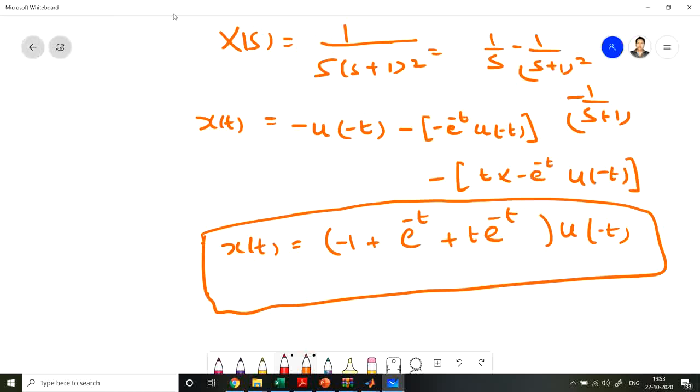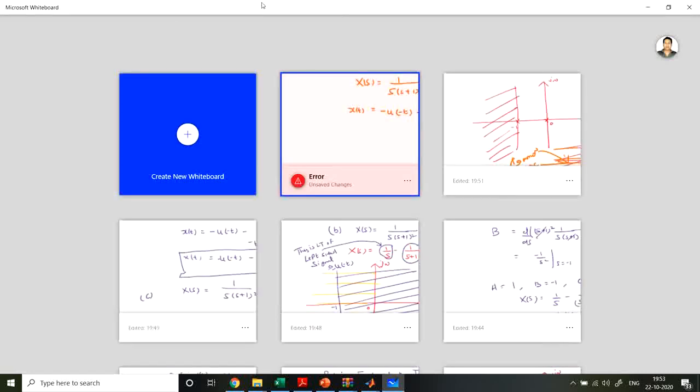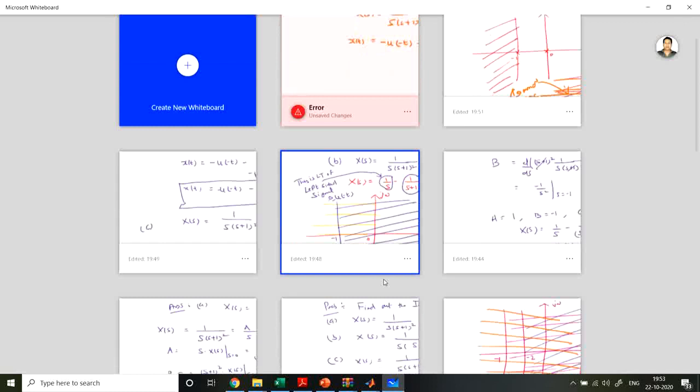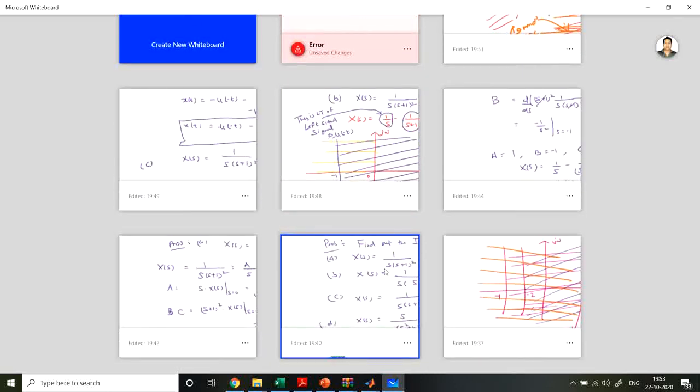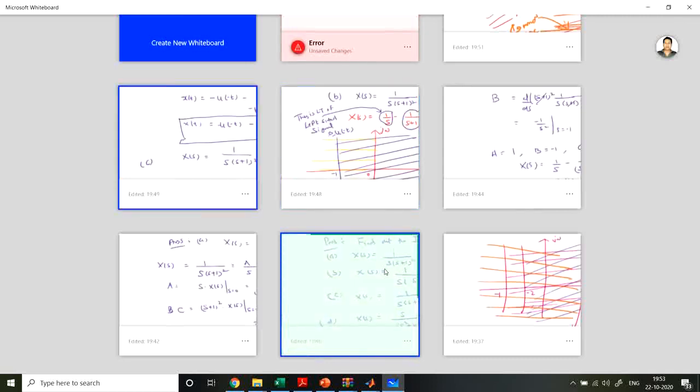So let us solve part D of the problem. So what is part D? Actually I forgot the problem, so we have to see which one is part D. Okay, wait, please wait.